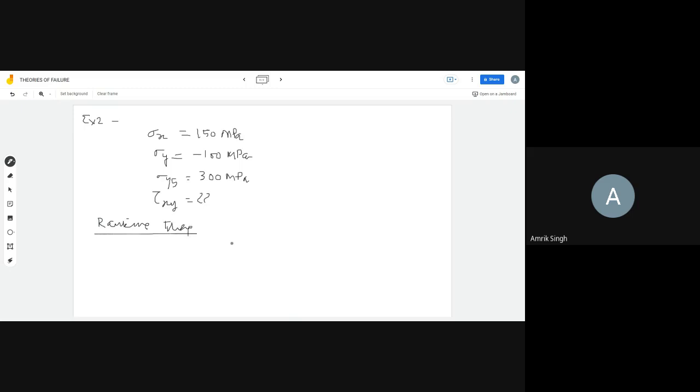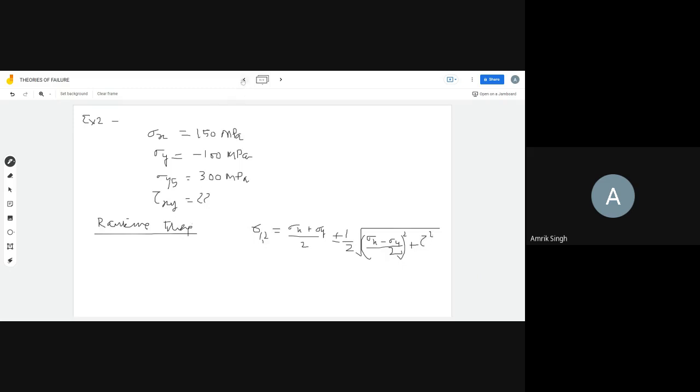So Rankine theory says that sigma 1, 2 is equal to (sigma x plus sigma y) divided by 2, plus minus under the root (sigma x minus sigma y divided by 2) whole square plus tau square.